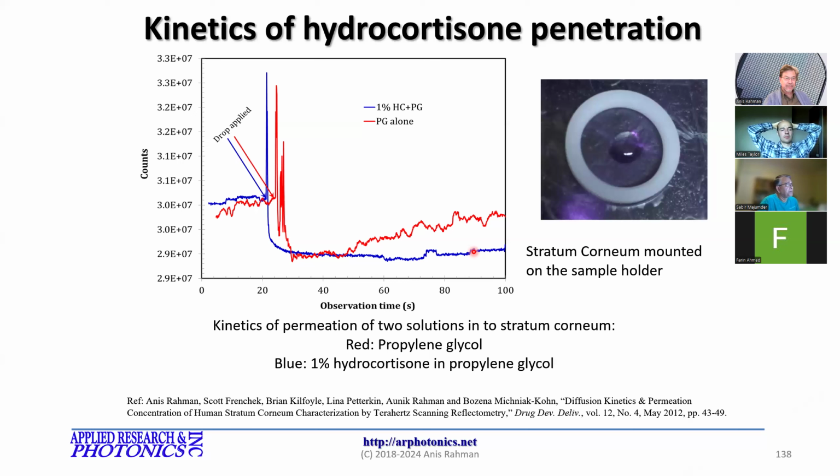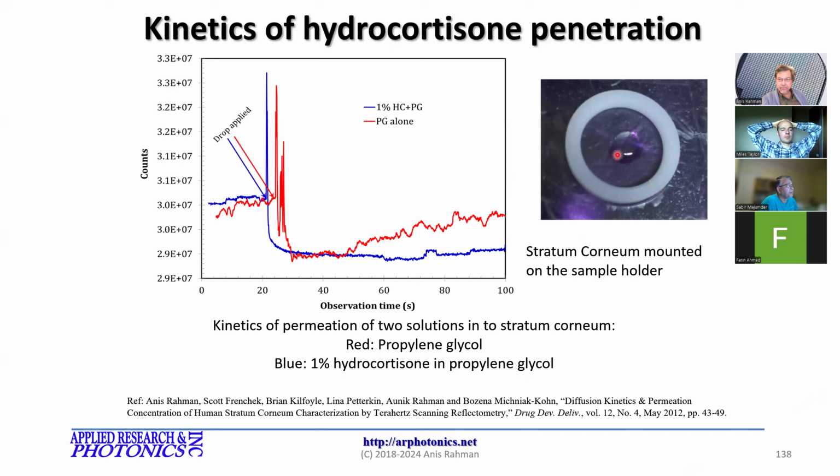Okay, so what happens is, this is where zero time, nothing is going on. As soon as this solution is applied, remember the beam is under the surface. It's coming up, going back from the surface into the detector. So some of the beams are actually escaping through the stratum corneum, and we are not being able to account for that here.